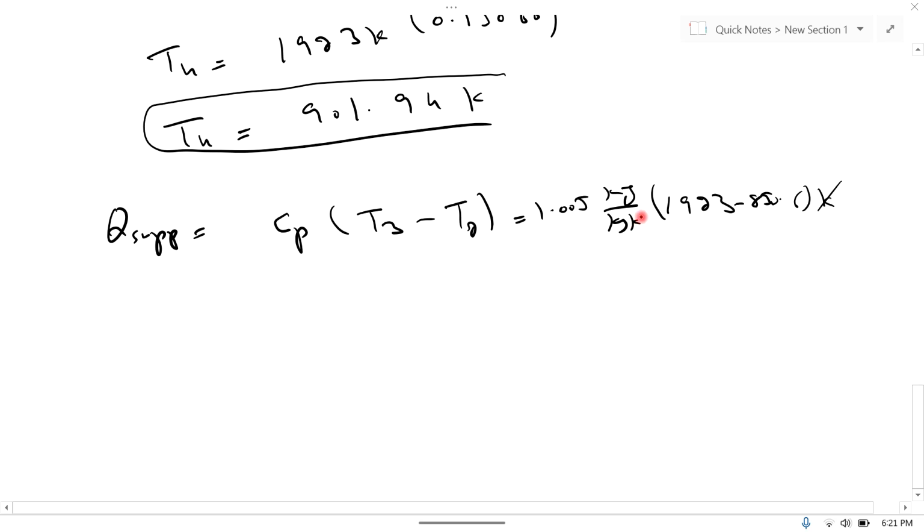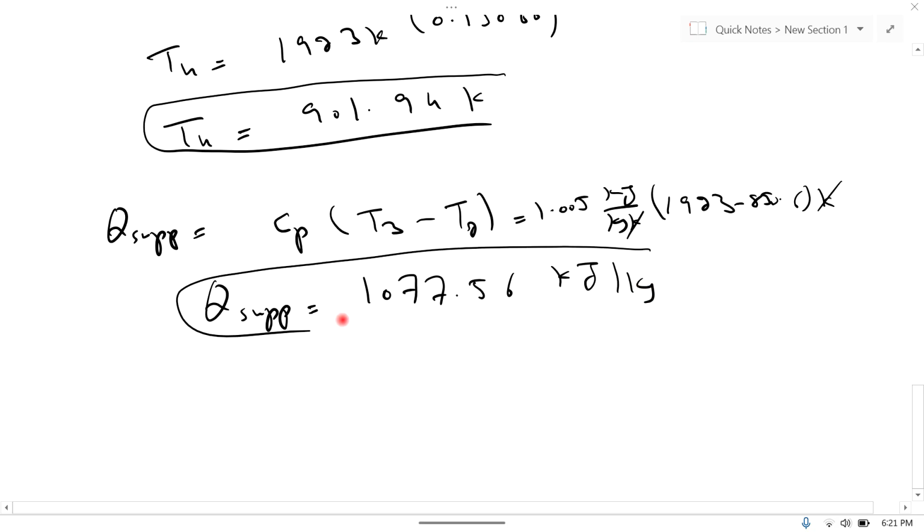So Kelvin will be cancelled with Kelvin, and heat supplied is equal to 1077.56 kilojoule per kilogram.